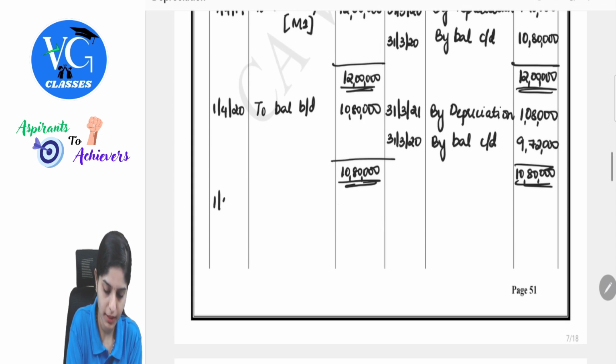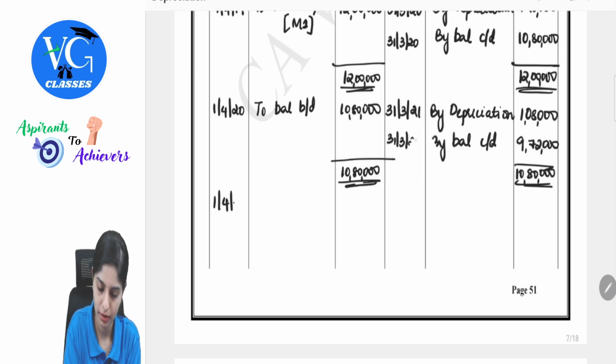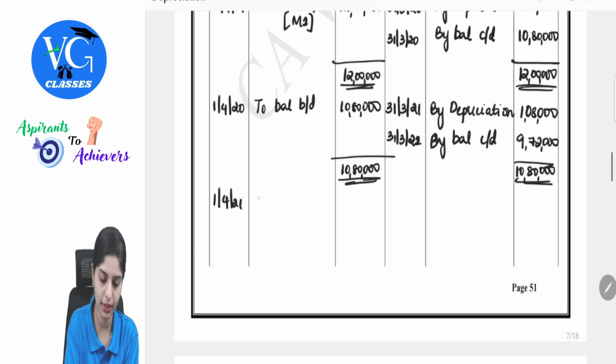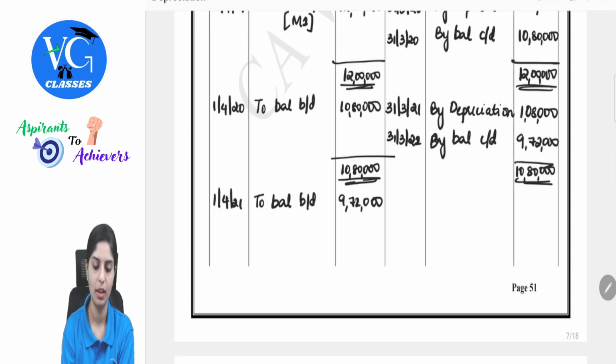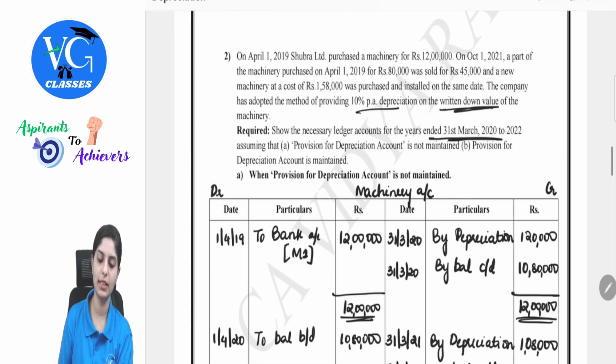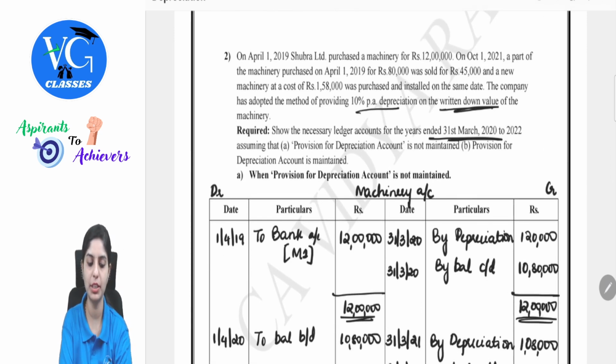Next, 1st April 21, to balance brought down 9,72,000.